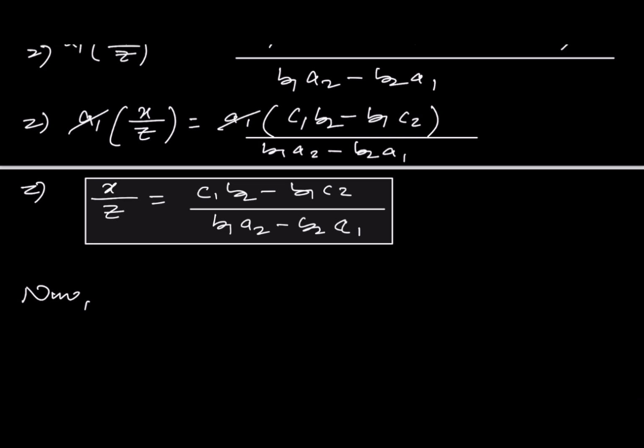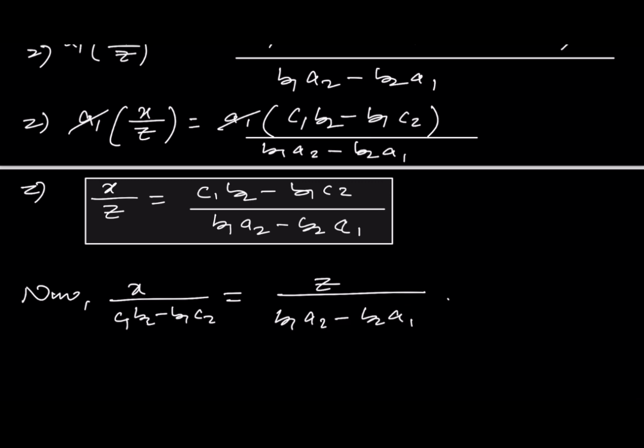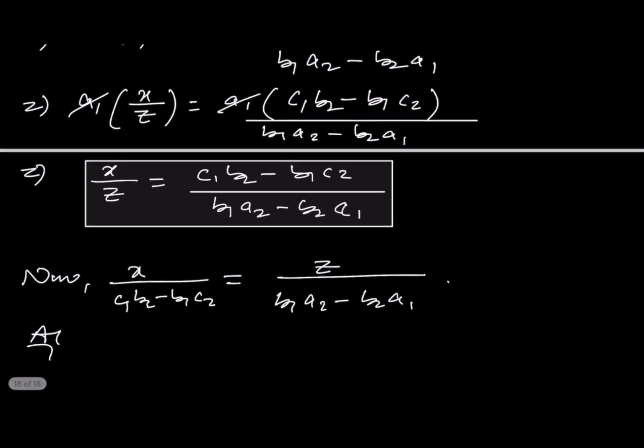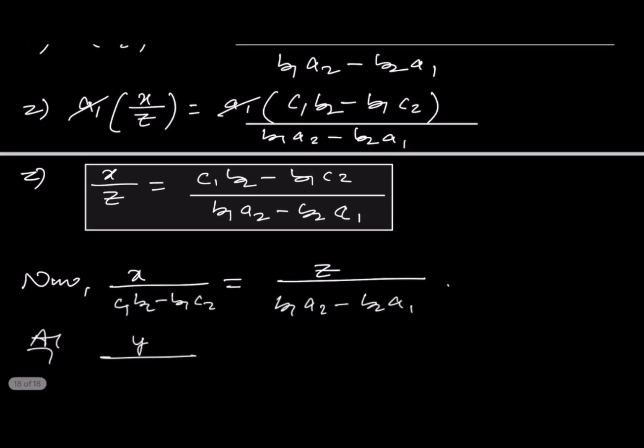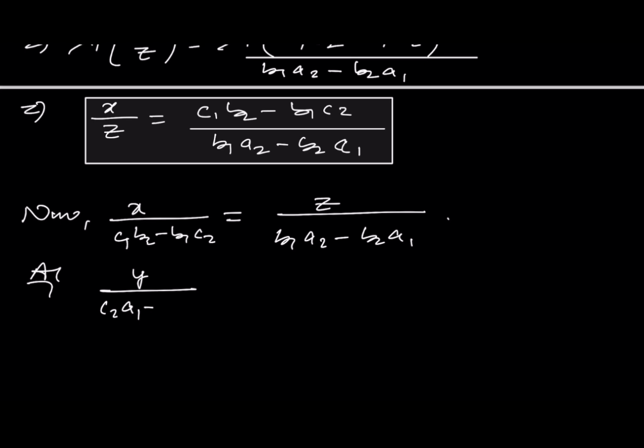Now I can write x/z as x upon (c1 b2 minus b1 c2) is equal to z upon (b1 a2 minus b2 a1), and also y/z as y upon (c2 a1 minus a2 c1) is equal to z upon (b1 a2 minus b2 a1).